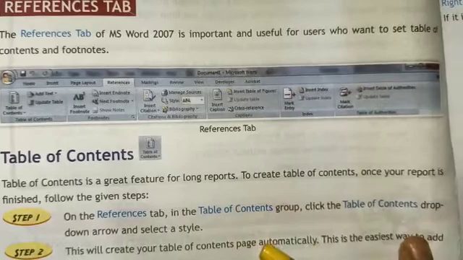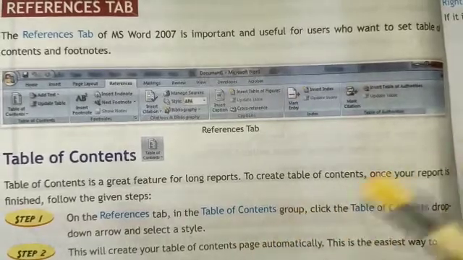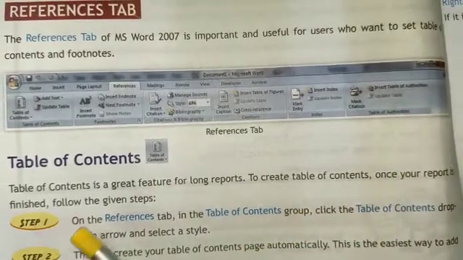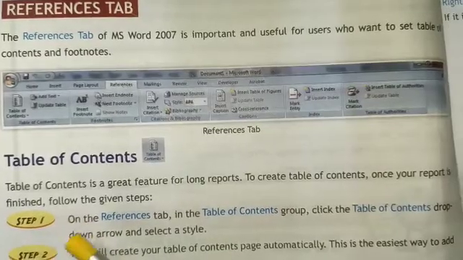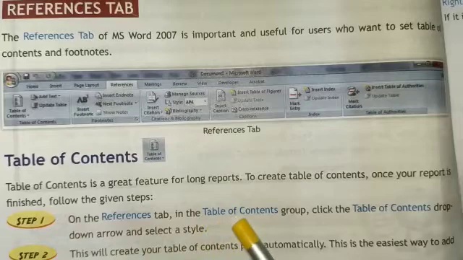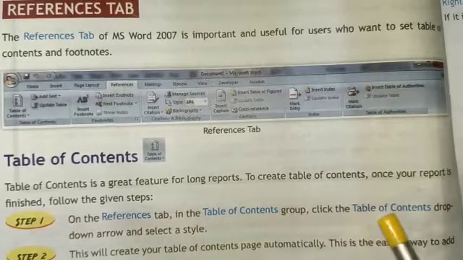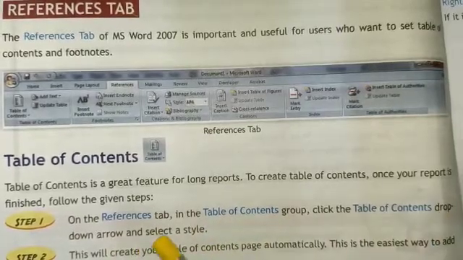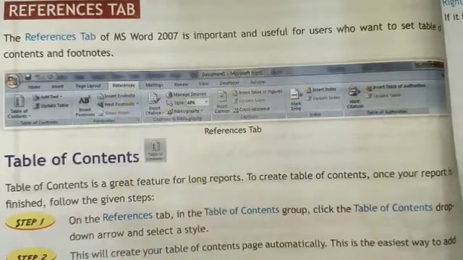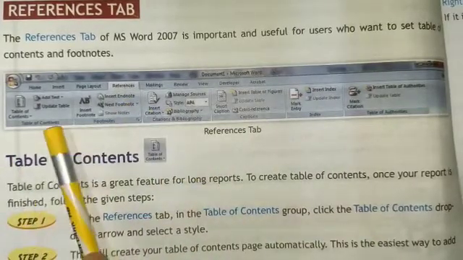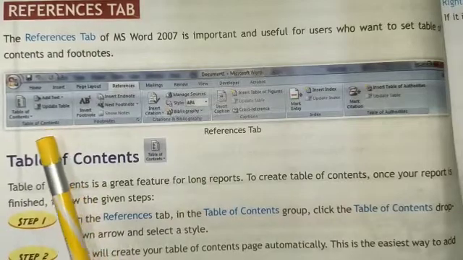To create a table of contents, we have to follow the steps given here. First step: on the References tab, in the Table of Contents group, click the Table of Contents drop-down arrow and select a style. This is the References tab, and this is the Table of Contents group.